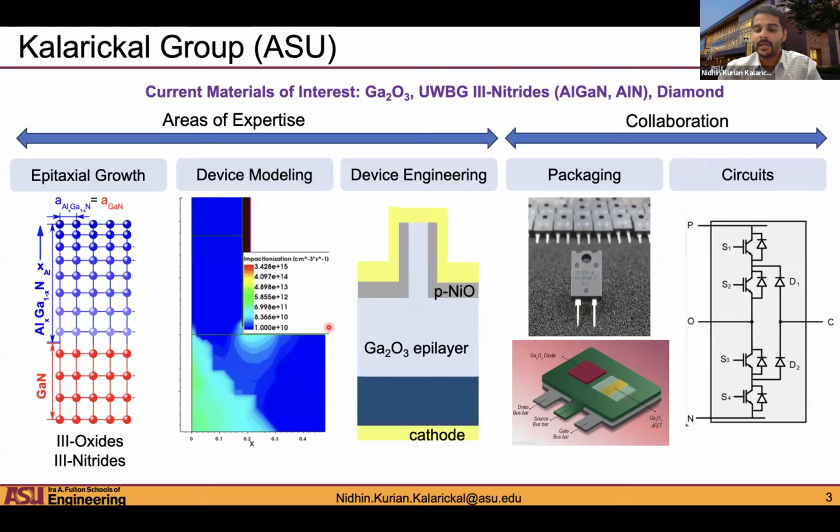At the circuit level, packaging and circuits, we're really looking for open collaborations. We collaborate with faculty with expertise in this area, trying to really understand, once we fabricate these devices, how our device performs, and we translate that into a circuit. So that's just a brief summary of the kind of work that we do in our group.